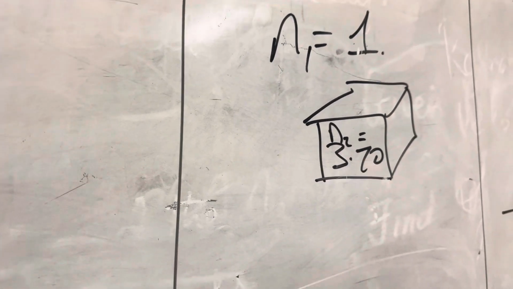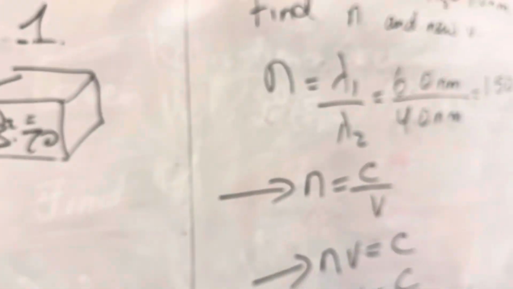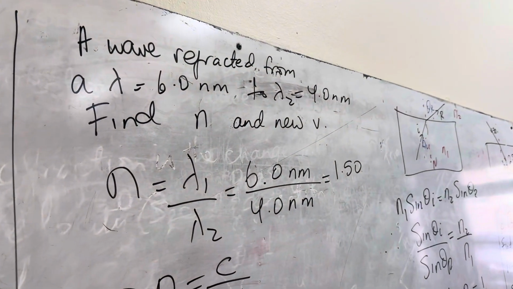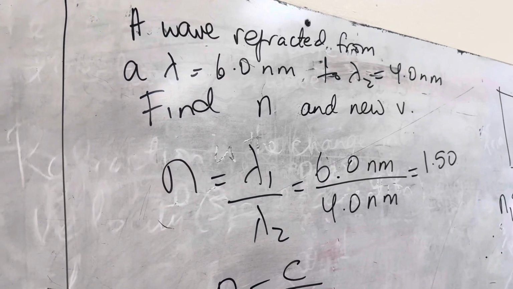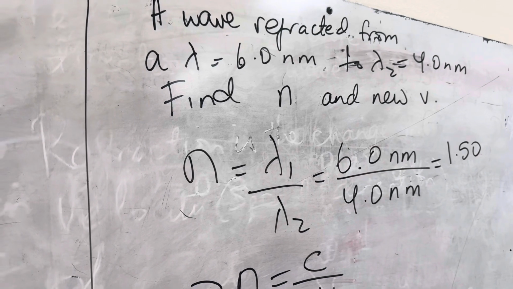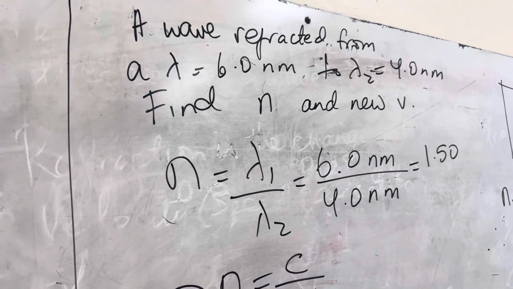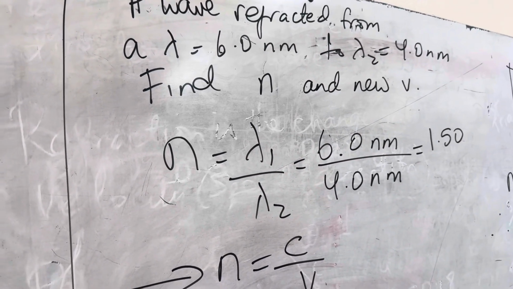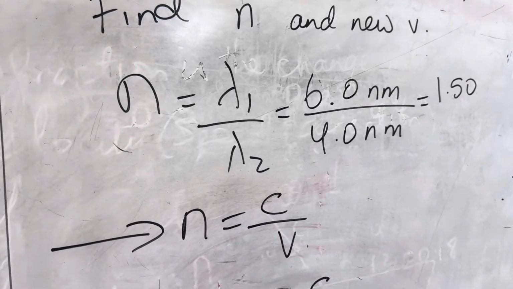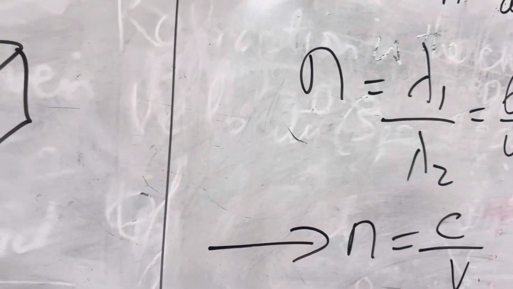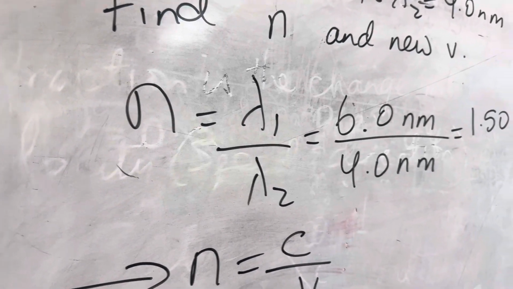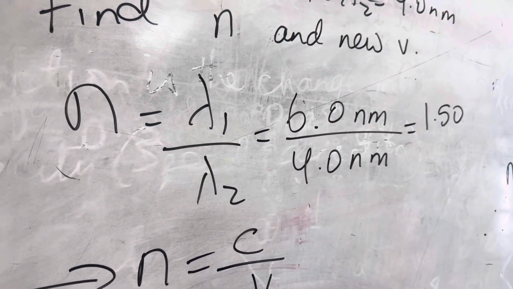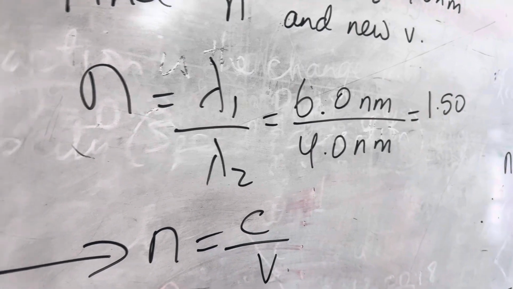It's a unitless quantity. A wave refracted from a wavelength of 6 nanometers to 4 nanometers, find the refractive index and the new velocity. So when I use the same equation that I showed before, n is equal to lambda 1 over lambda 2, and I put the two wavelengths, I'll get 1.50.